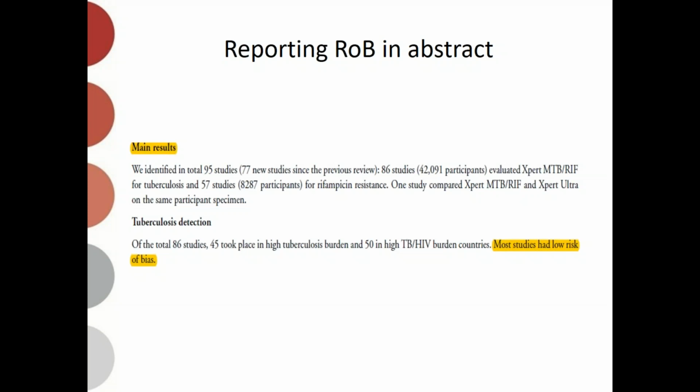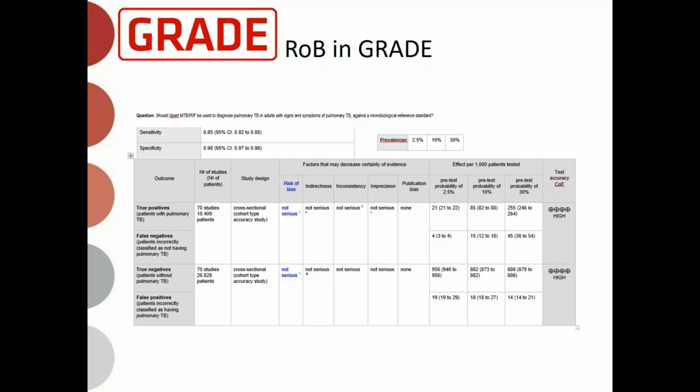Now, from your systematic reviews, you know that evidence does not stop in systematic reviews. This evidence has to be used to make recommendations. And now we come to grading the quality of recommendations. Majority of you, I assume, are familiar with GRADE, and this tool helps in coming up with an overall summary of the quality of evidence.